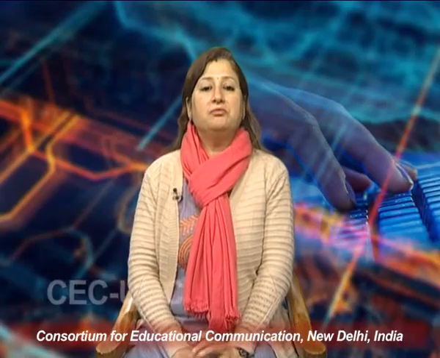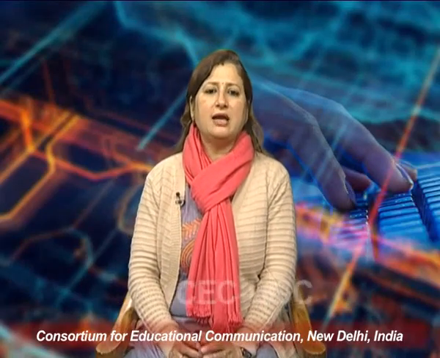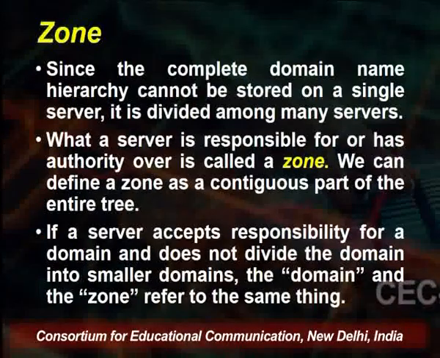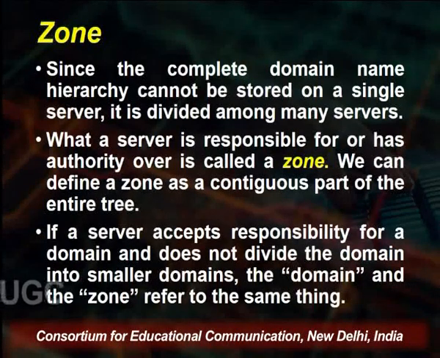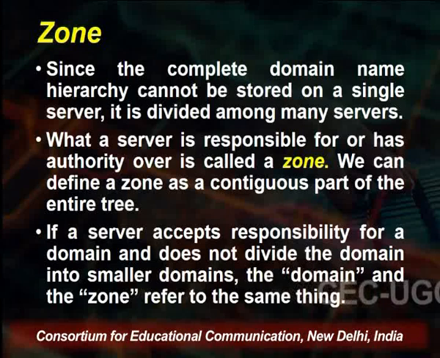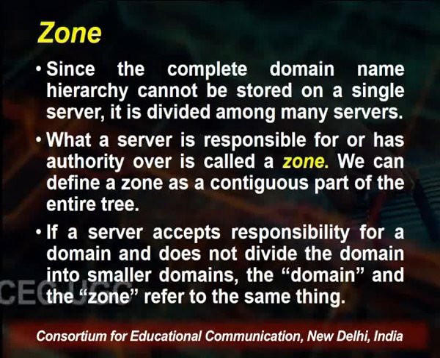Now we also look at the jurisdiction, or the area, or the span of the server, because the complete domain name hierarchy cannot be stored on a single server. So we divide the entire hierarchy into several servers. What a server is responsible for or has authority over is called a zone.